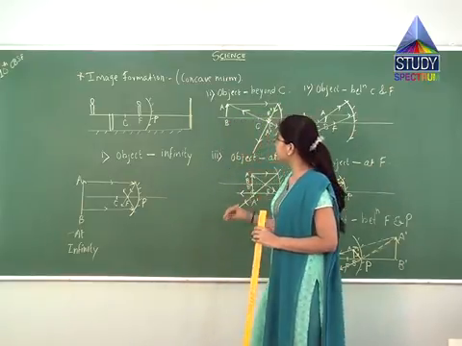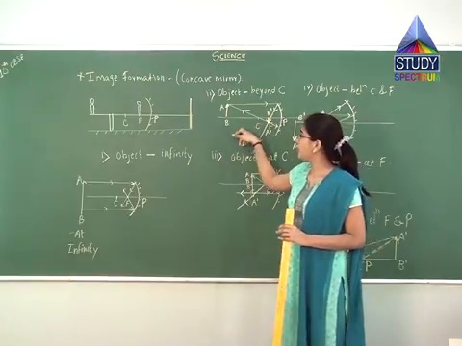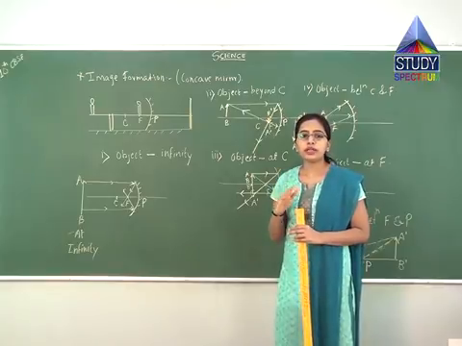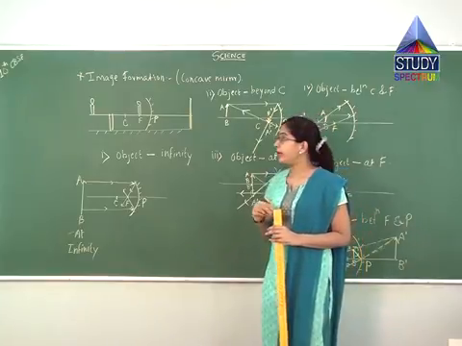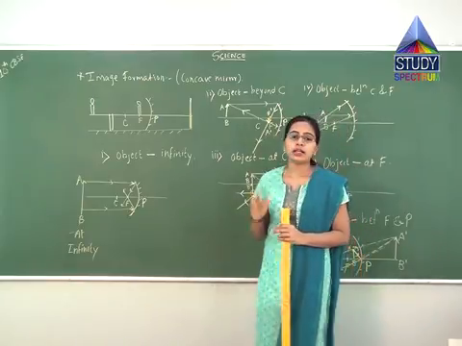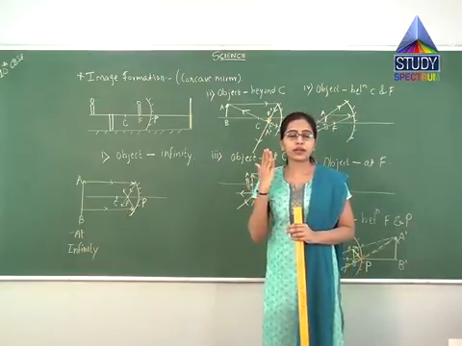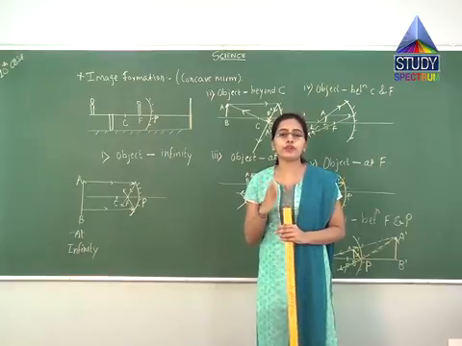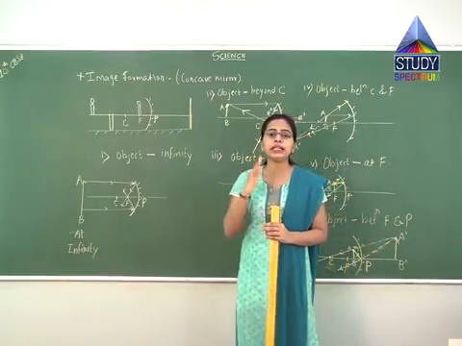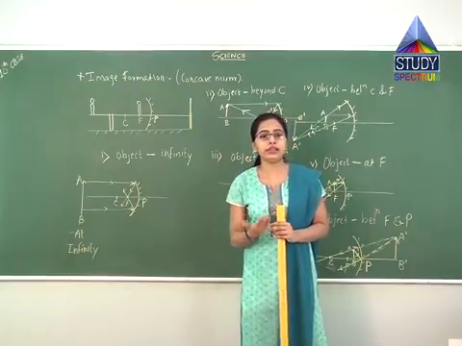In the second case we had the object at a finite distance from the center of curvature. So in this case, what we found was that the image was formed between the center of curvature C and the focus F. Then the image was diminished but it was real and again inverted.